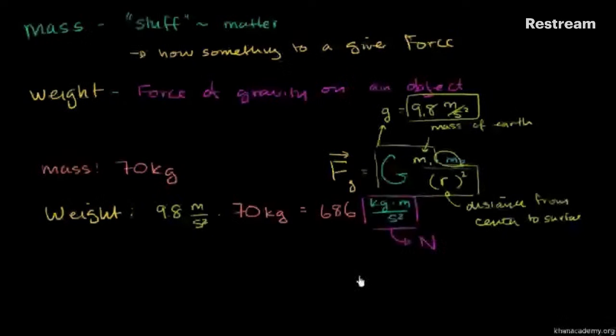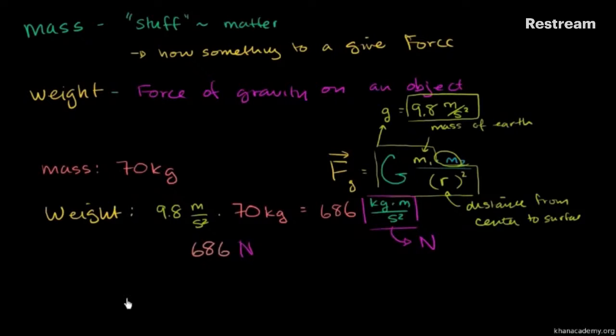And my weight, and you'll never hear people say this, but my weight on the surface of the Earth is 686 newtons. And I just said that is my weight on the surface of the Earth.